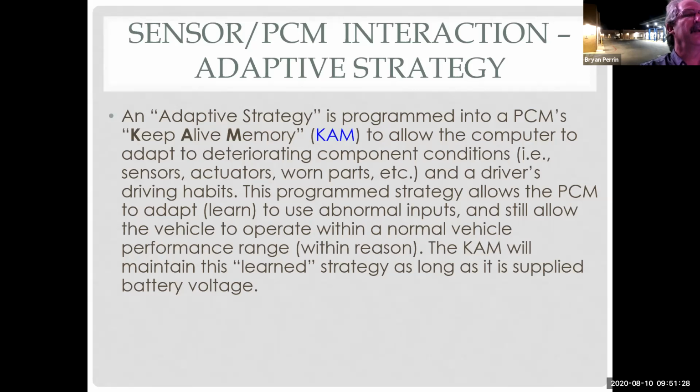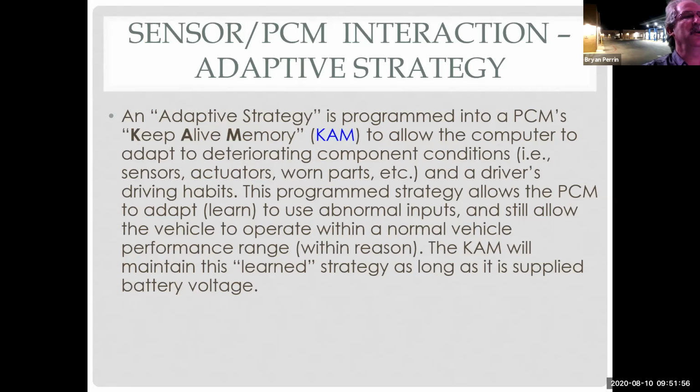So if I want to reset KAM, what I normally do is disconnect the battery. We don't have to install a new one. Driving the vehicle won't reset KAM. It'll learn KAM. It'll learn the adaptations, but it doesn't reset anything. The only manufacturer where you can use a scan tool to reset KAM is Ford. Everyone else in the world, I need to disconnect the battery.